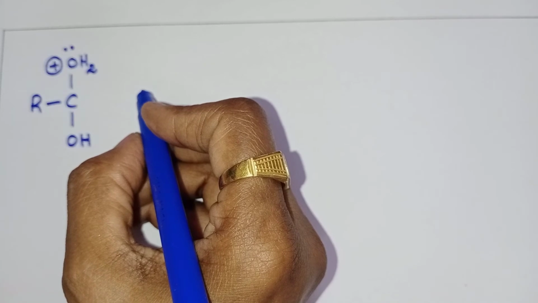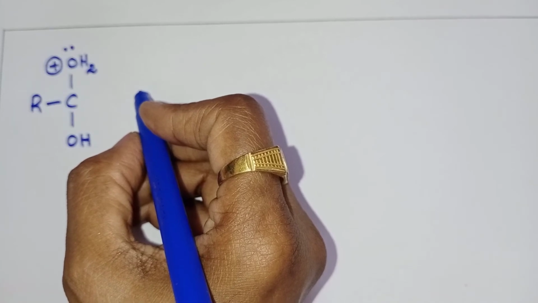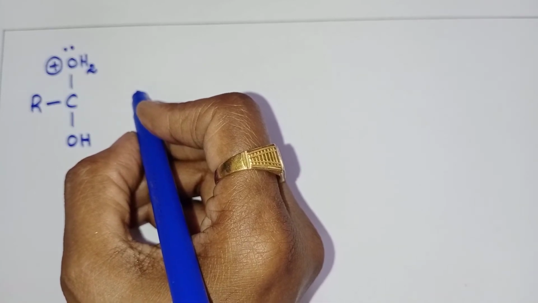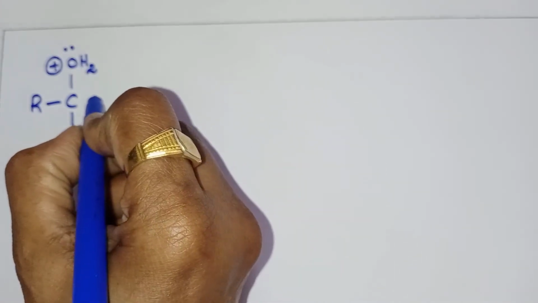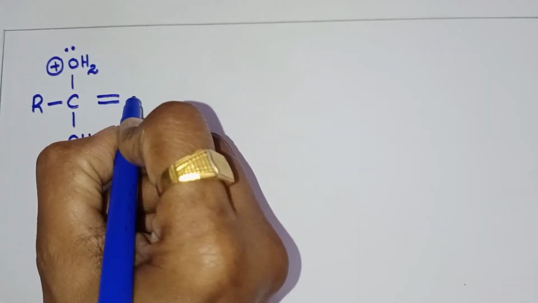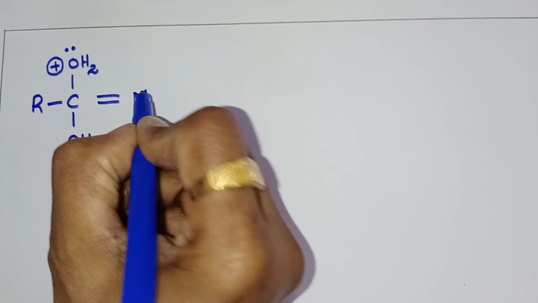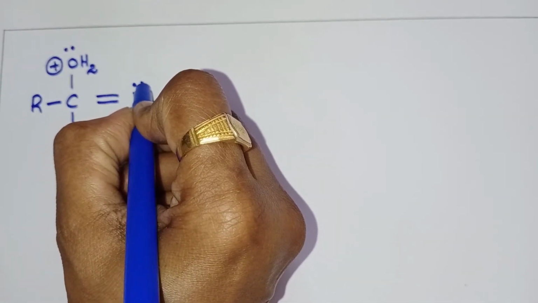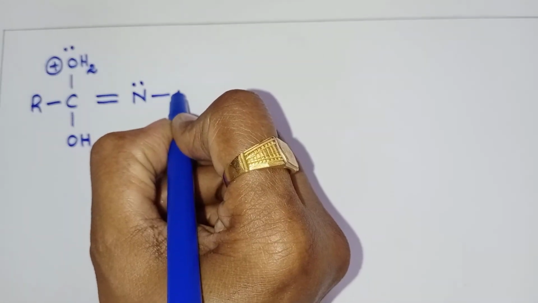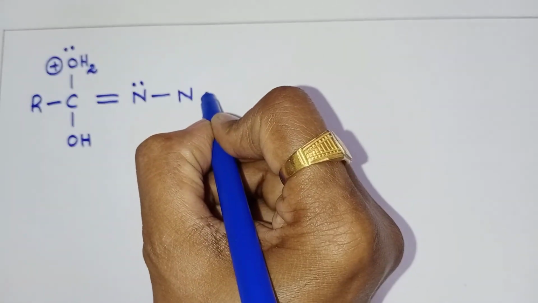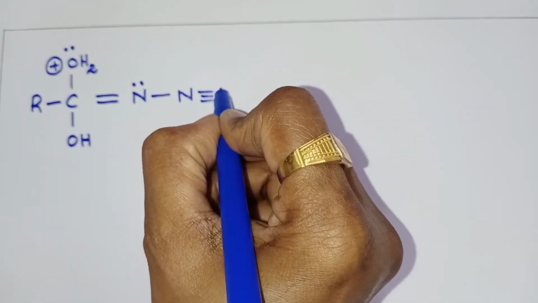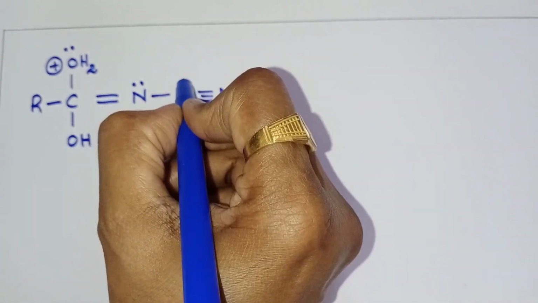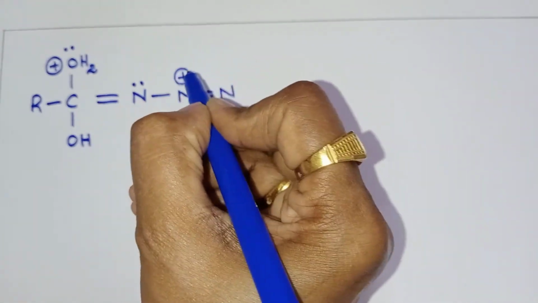So, as the bond between nitrogen and hydrogen is shifted in between carbon and nitrogen, now here comes a double bond. Nitrogen, the lone pair, single bond N, triple bond N, and the positive charge on nitrogen.